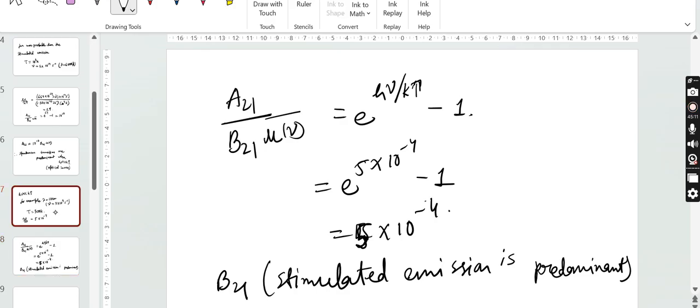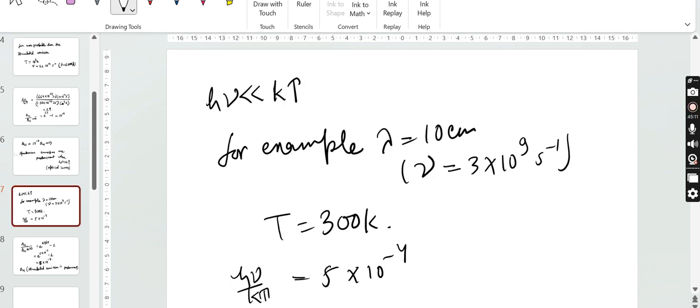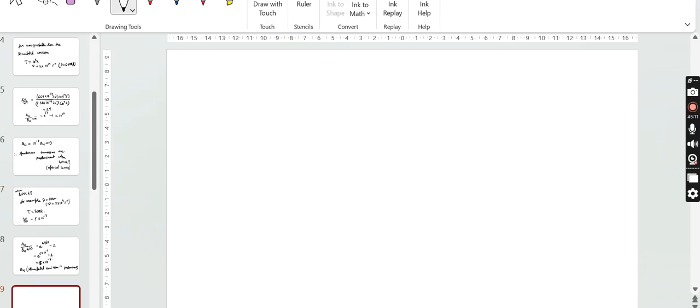So for h nu greater than kT, spontaneous emission is dominant.